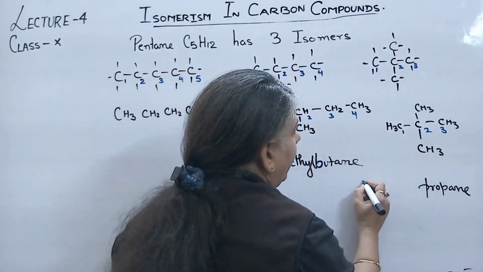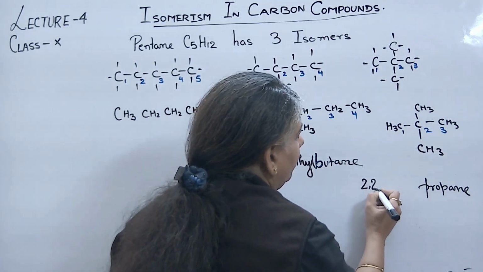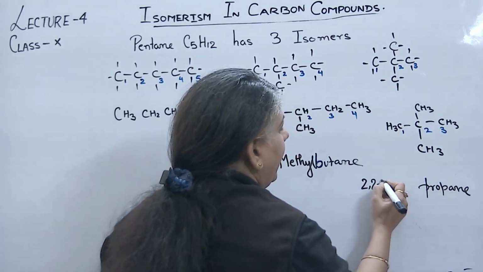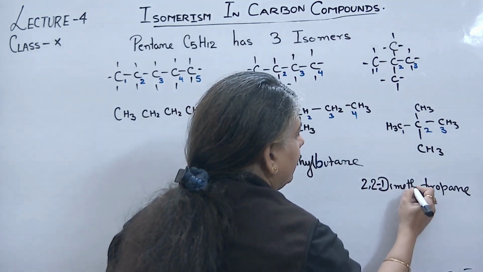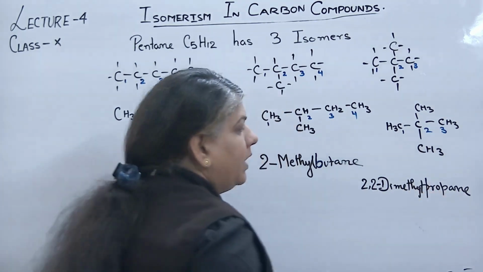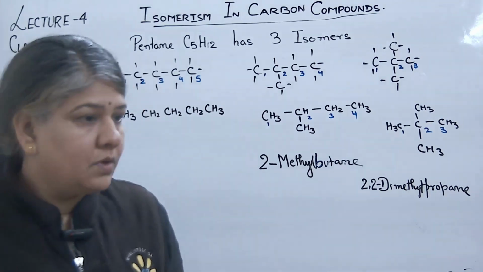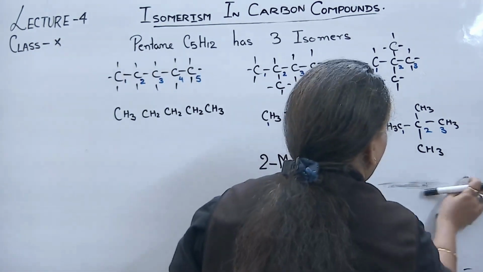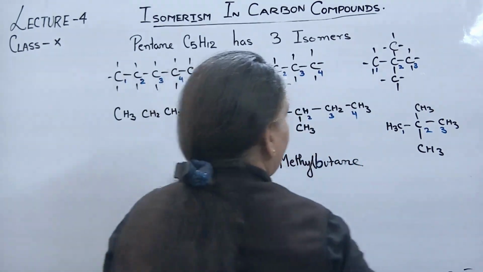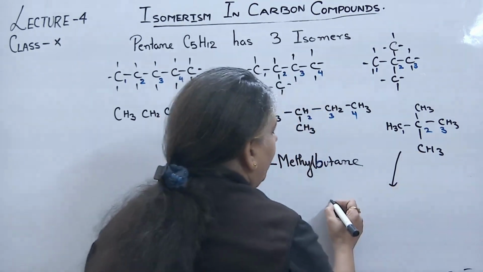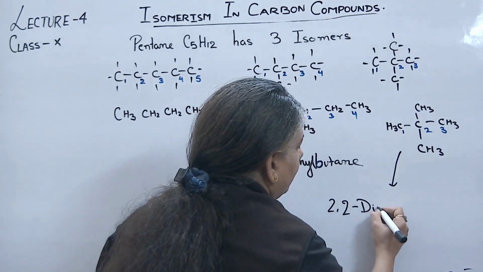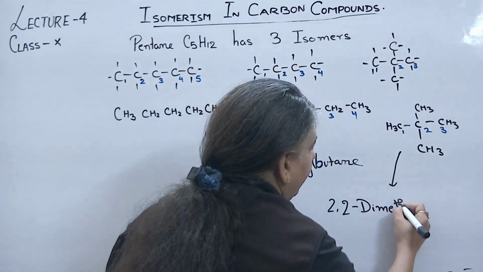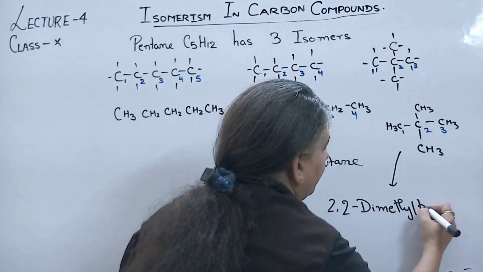So what you will write? 2,2-dimethylpropane. I'll write it once again. So this compound is 2,2-dimethylpropane.